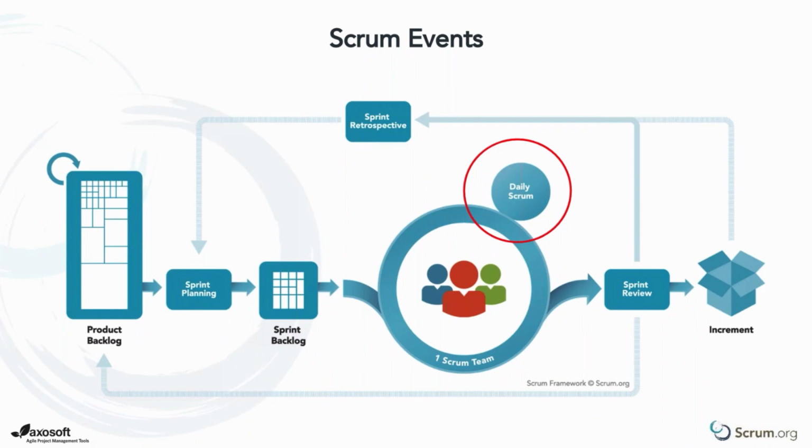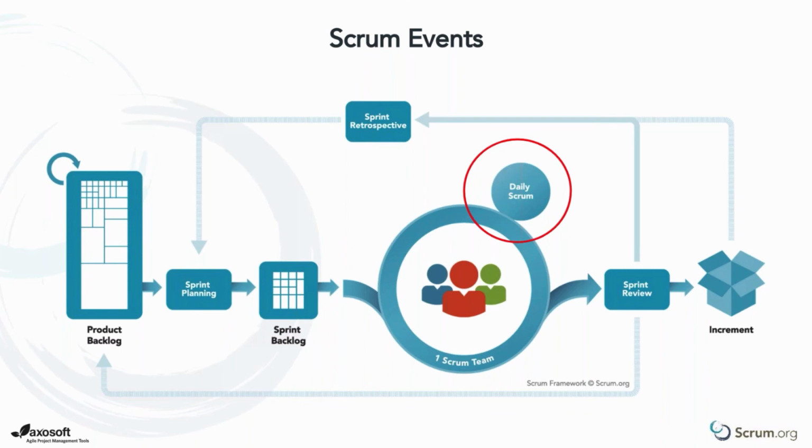We shouldn't say, oh, I've got a problem now and it's 9 o'clock and my daily Scrum isn't until 6 o'clock, so we just sit around on our hands. No, let's resolve that. But this is the opportunity for us to talk about the work that's going on, inspect what's happening, and make changes if we need to.